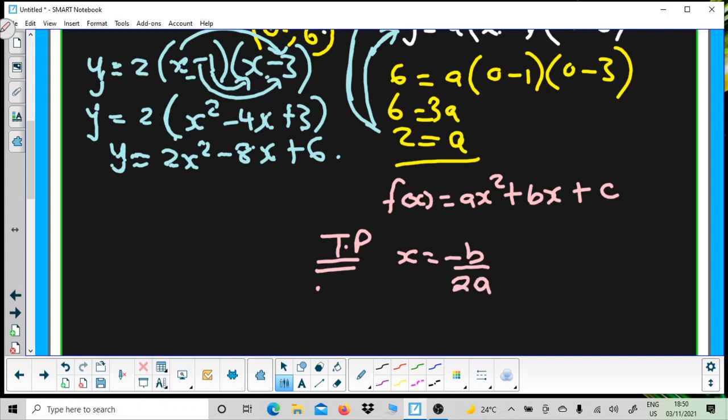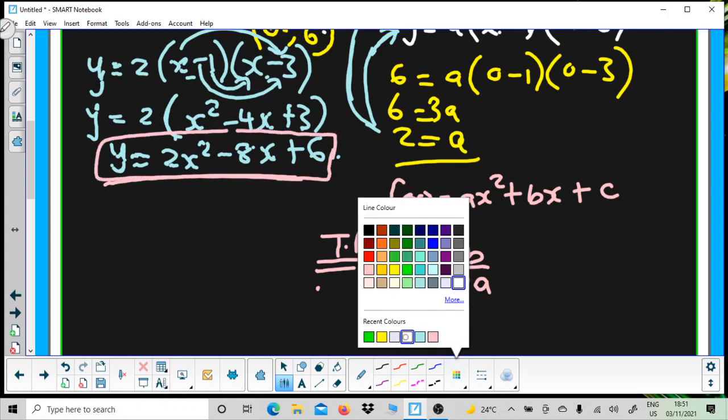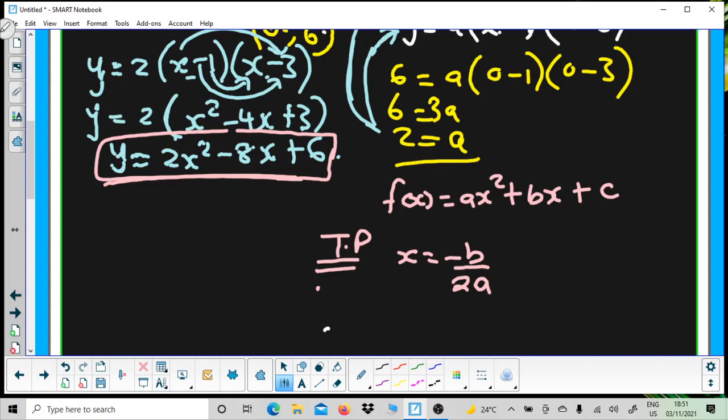And then you substitute the x value into the function to get any other thing. So say, for example, in this situation, let's say this was our function. Are you looking at this one? If I wanted to get the turning point using the formula, I could say x is equal to minus, what is our b value here? Negative 8 over 2 by a, which in this situation is 2.